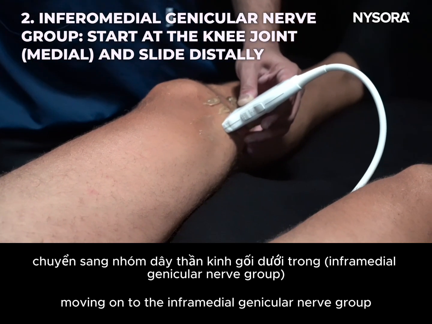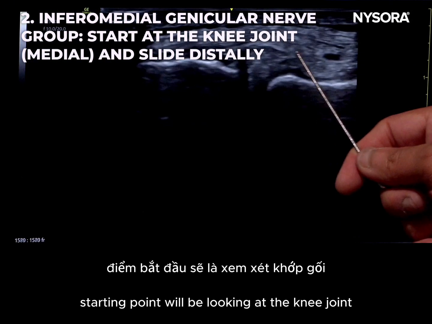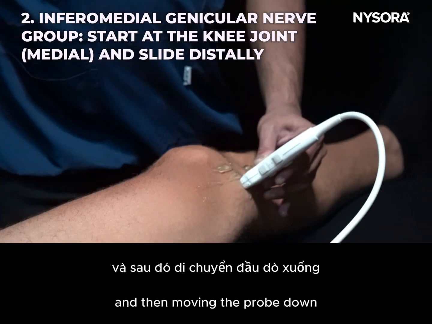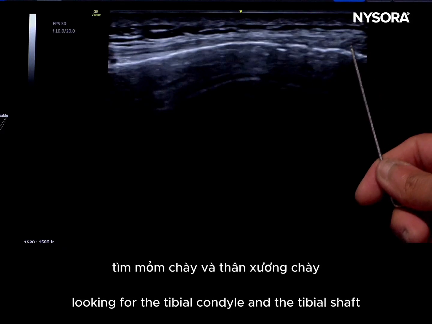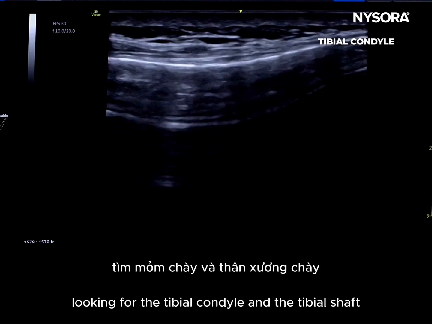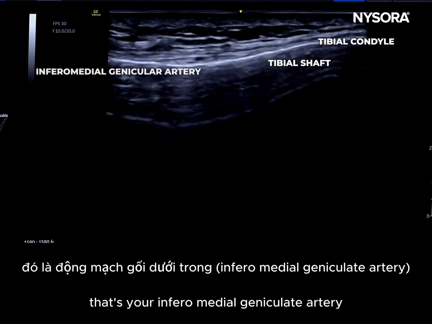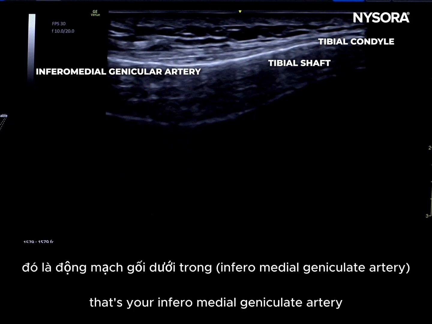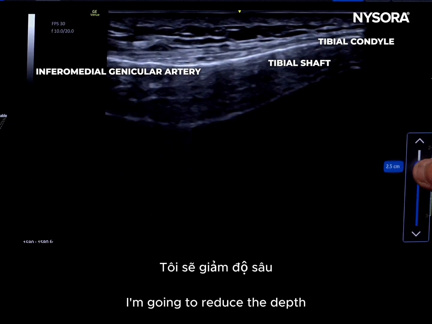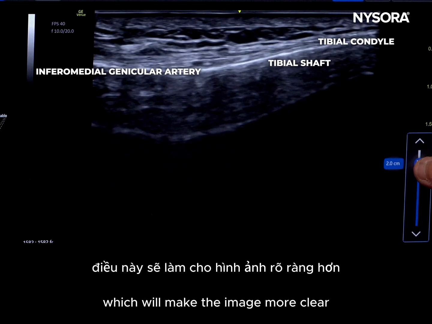Moving on to the inferomedial genicular nerve group, the starting point will be looking at the knee joint and then moving the probe down looking for the tibial condyle and the tibial shaft, and you have a small blood vessel that's pulsating here. That's your inferomedial geniculate artery. I'm going to reduce the depth, which will make the image clearer.